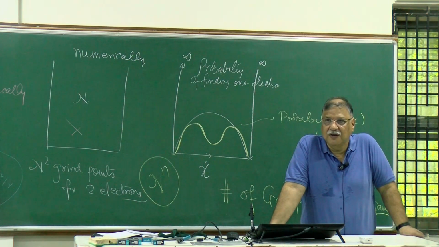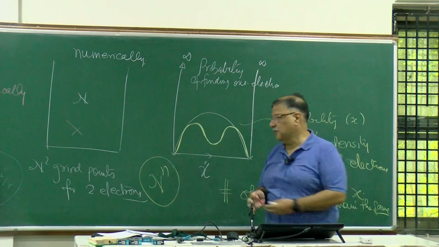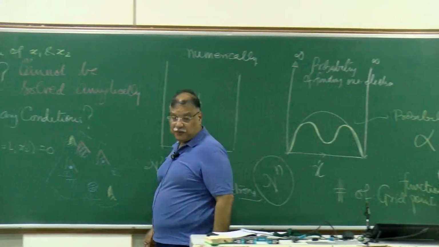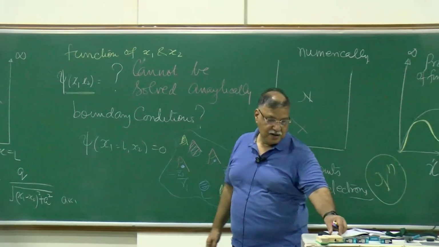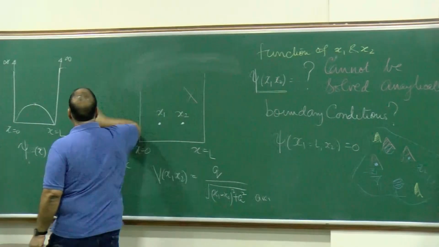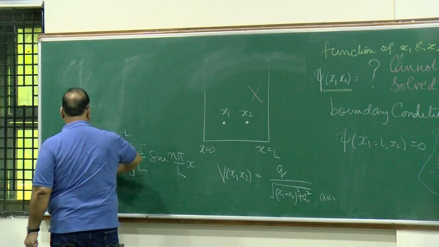Is the motivation clear? Any comments, questions? Okay. I'll keep switching back and forth between density based and wave function, because ultimately we are doing quantum mechanics. It's just a different way of doing it.